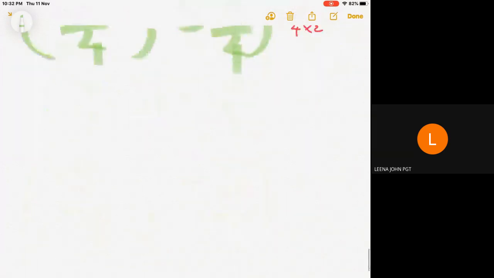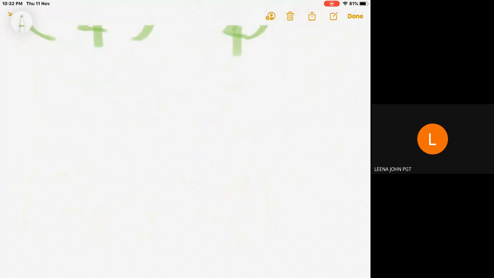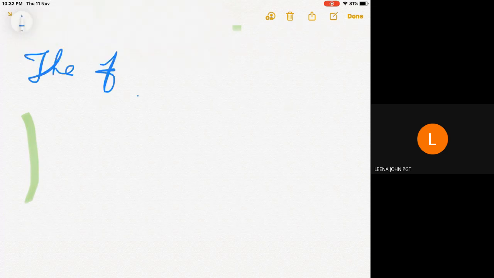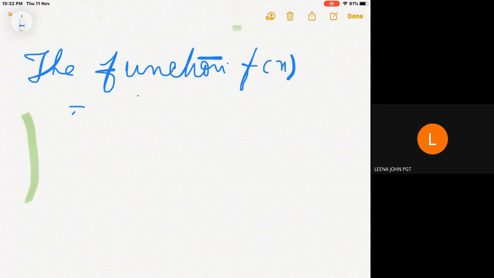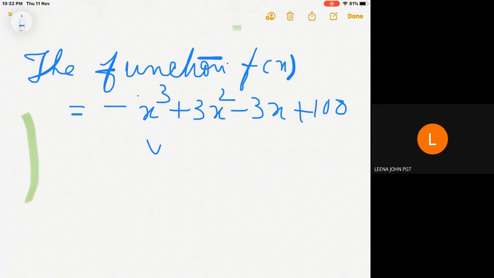So that is the next one. The function f of x equal to minus x cube plus 3x square minus 3x plus 100 for every x in R is strictly increasing, strictly decreasing, or neither.